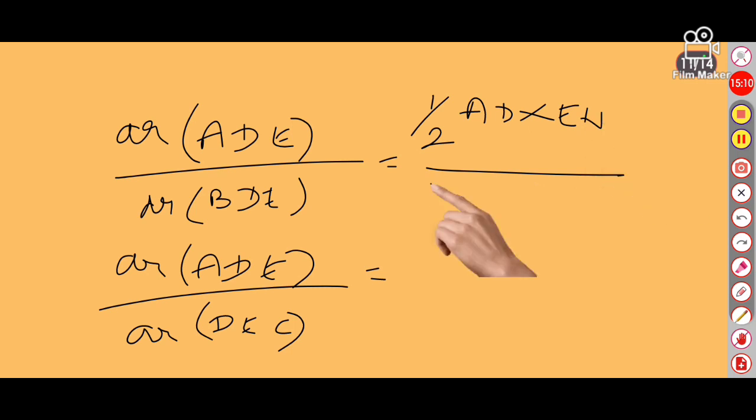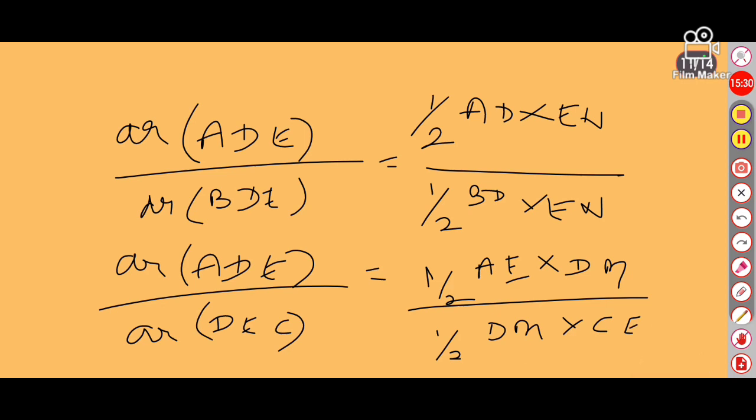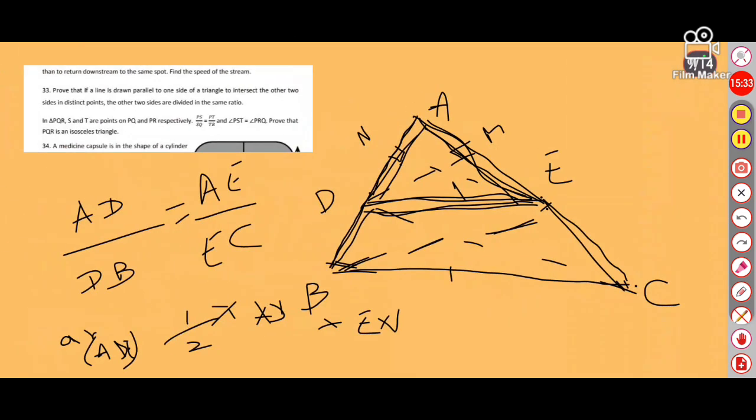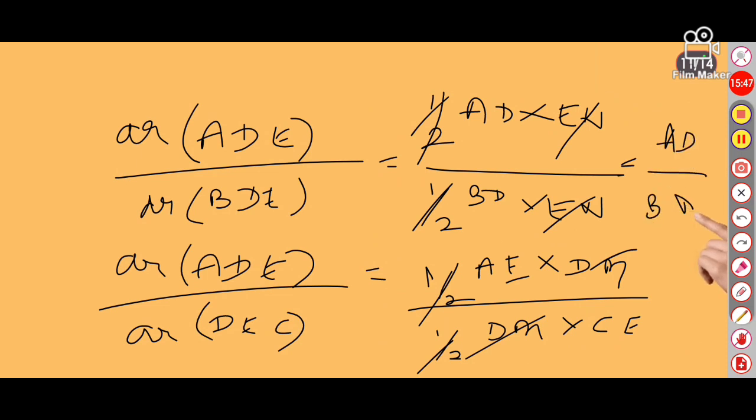Similarly, BDE is half BD into EN. Similarly, half AE into DM by half DM into CE, with this diagram, right? Now cancelling half of EN and half of DM, it gives you AD by BD, and again here AE by CE.